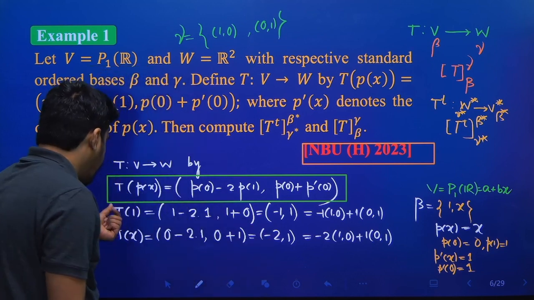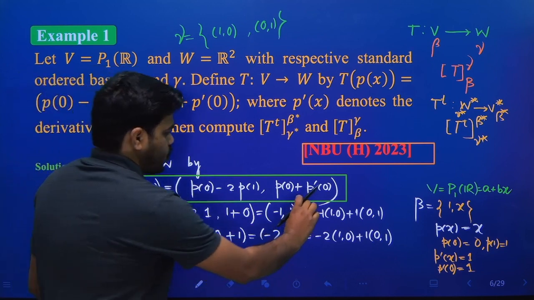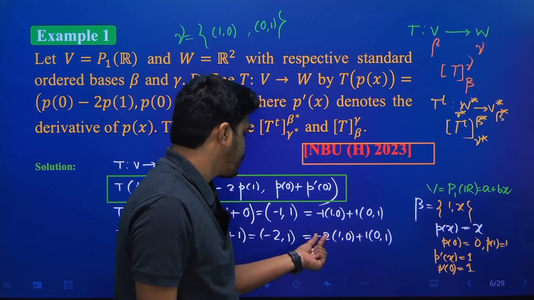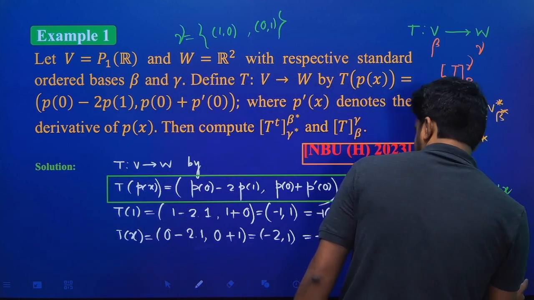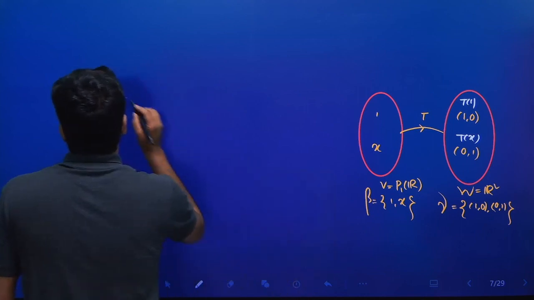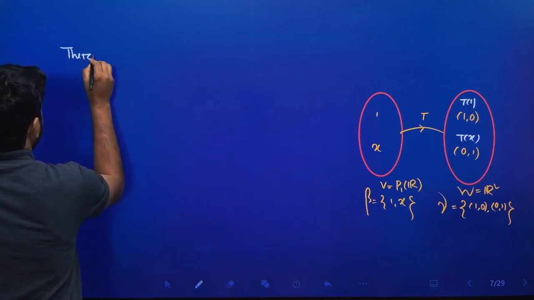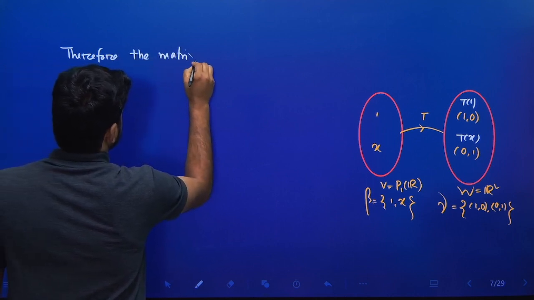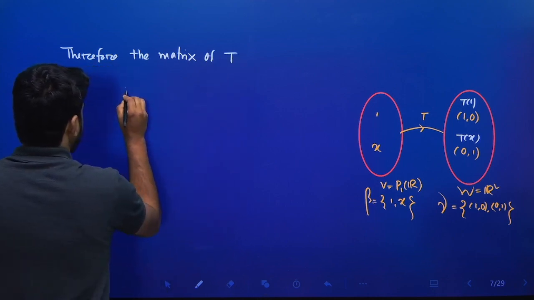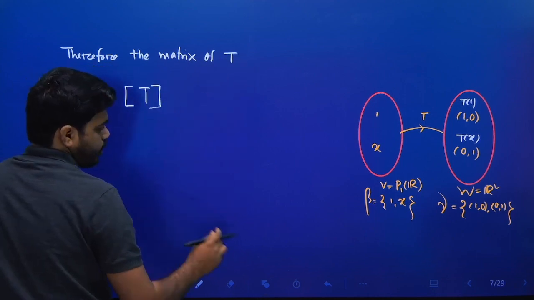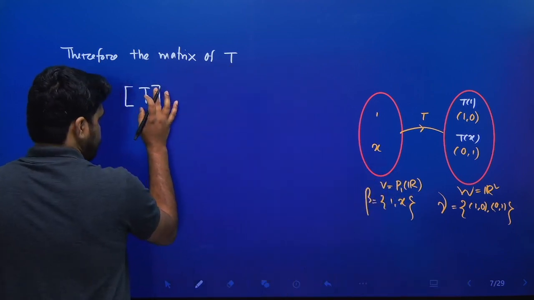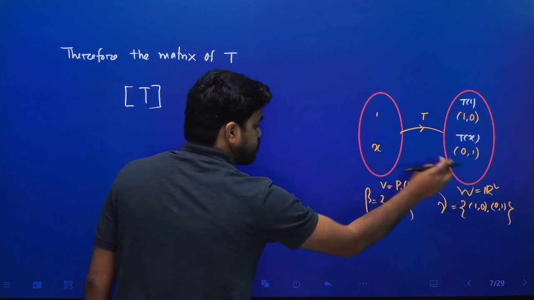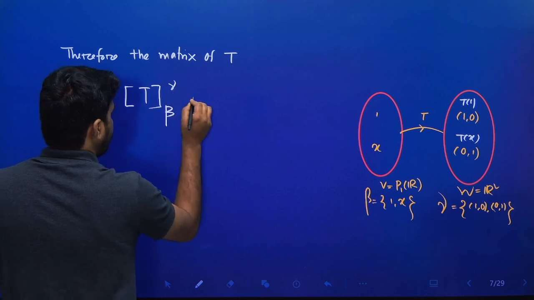So what is the matrix representation of T? Row wise, সেটা column wise, that is minus 1 comma 1, that will be first column, ঠিক? Second column টা কি হয়? Minus 2 comma 1, right? So therefore the matrix of T, that is denoted by, ঠিক, beta is the basis for V and gamma is the basis for W, so beta to gamma, right?